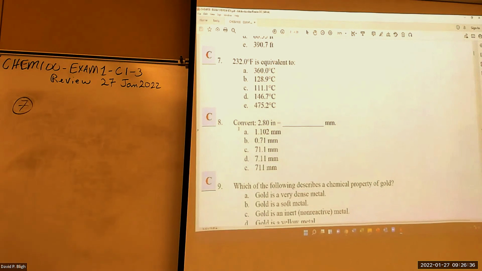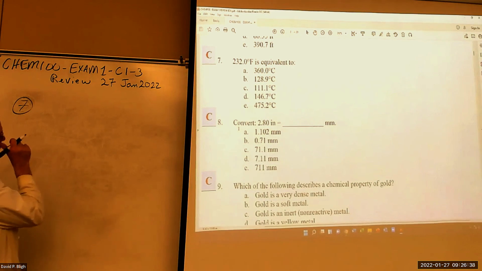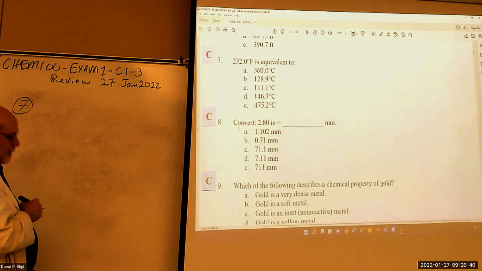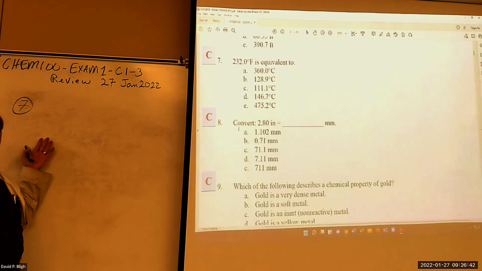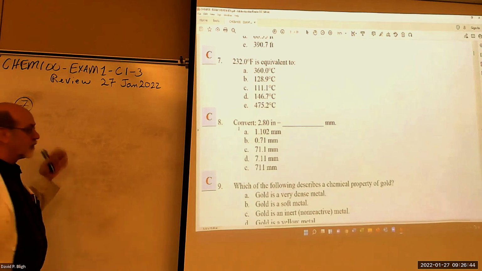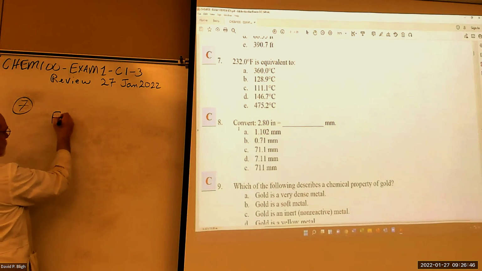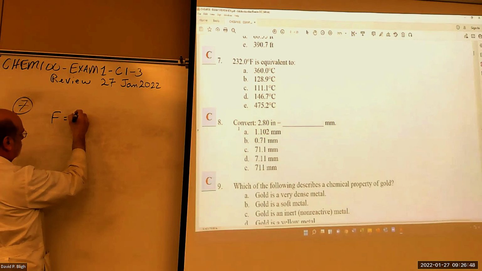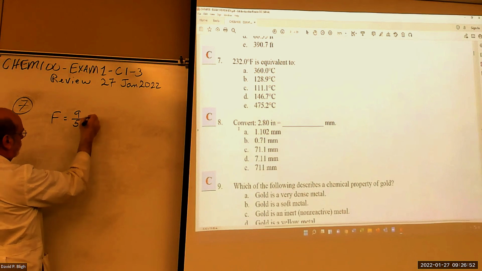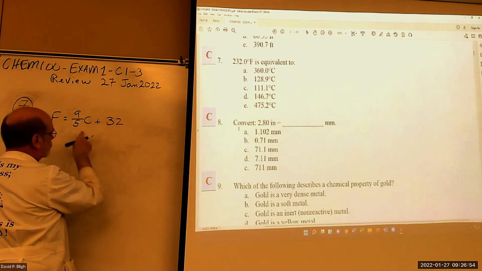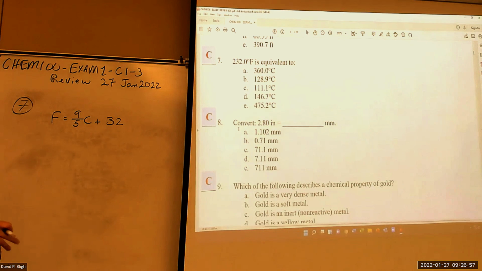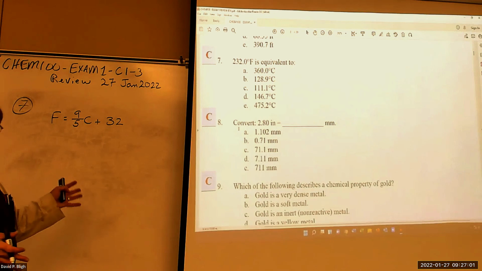Okay. So I could put the formula that we converted up here before, but what if we do it this way? What if we just plug in a value for F there and then solve it for C?